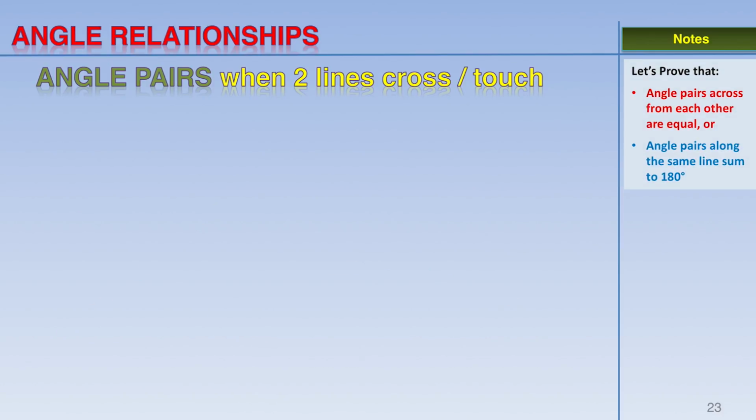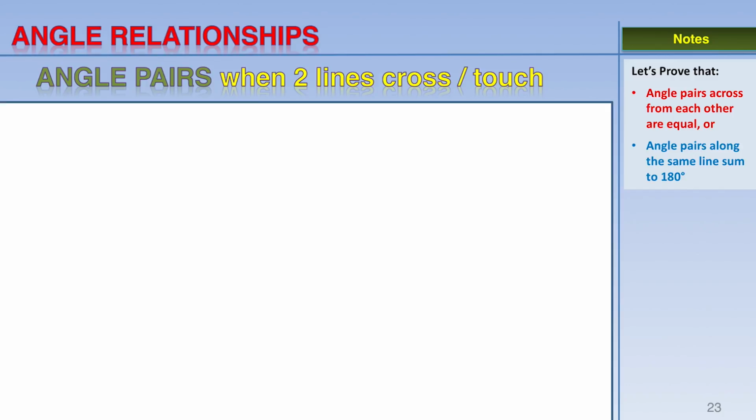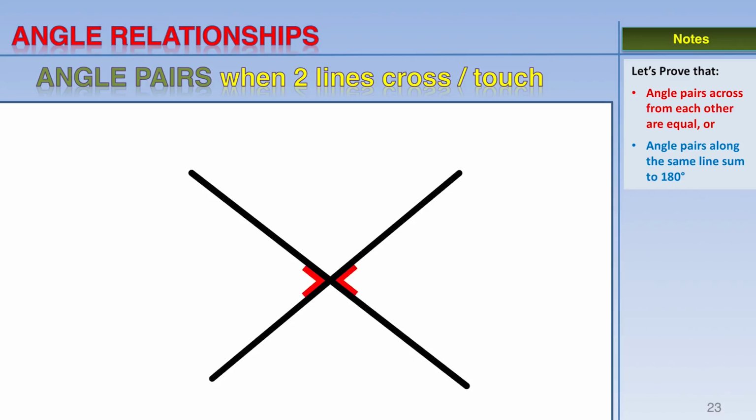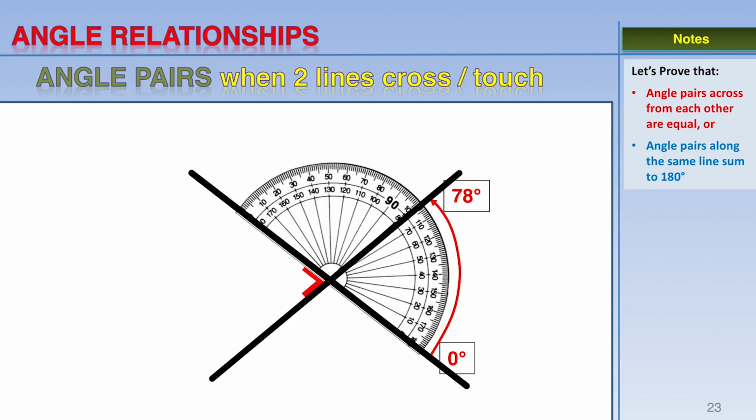Let's prove that angle pairs across from each other are equal and that angle pairs along the same line sum to 180 degrees. Let's take our crossed lines here. We're going to examine the angles in red. We take our 180 degree protractor and measure from 0 to its measure.